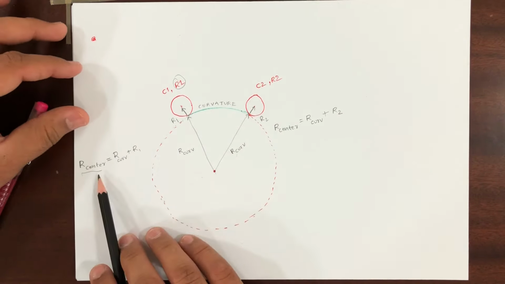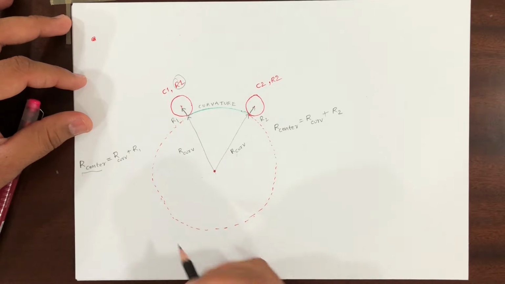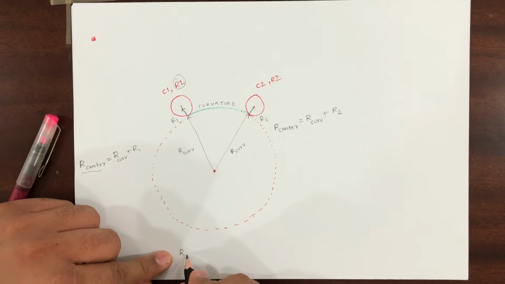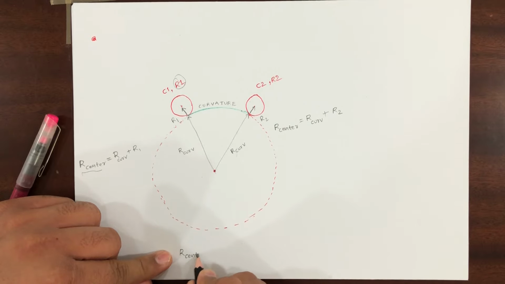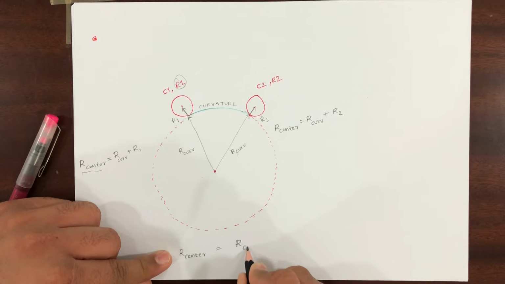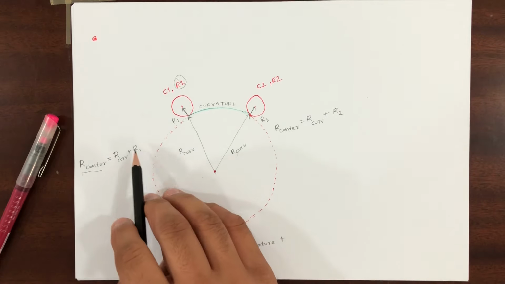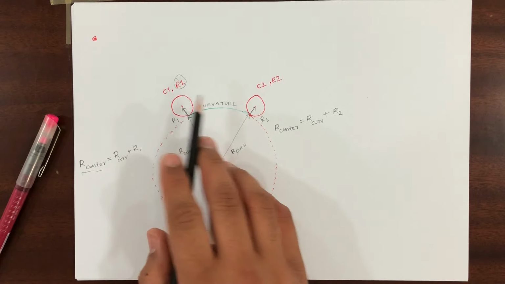If you generalize this, you can write R center equal to R curvature plus R1 and R2.